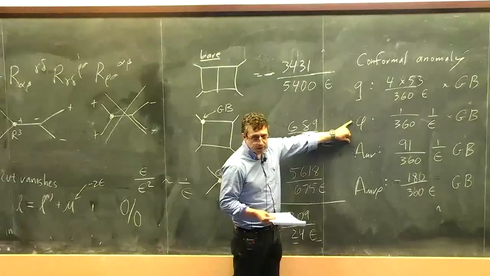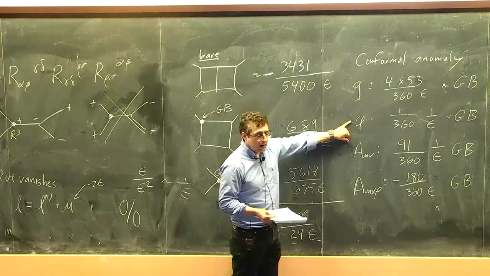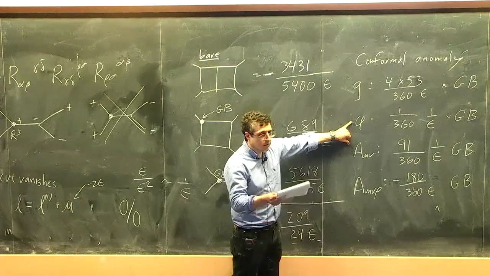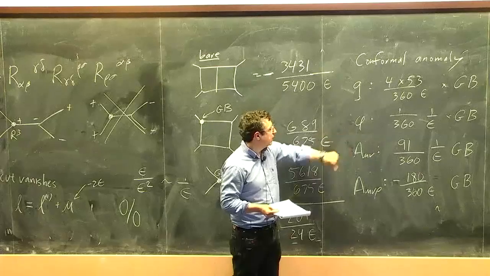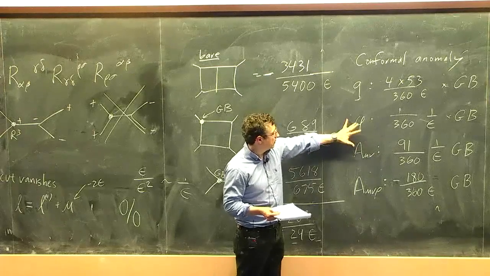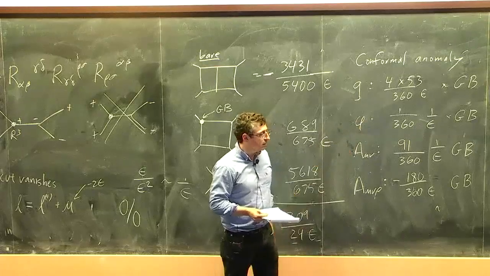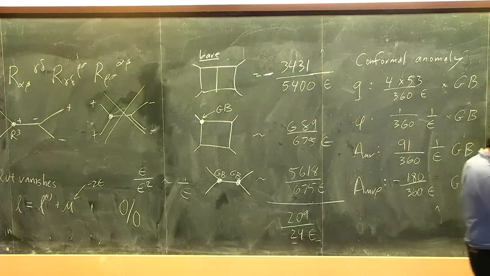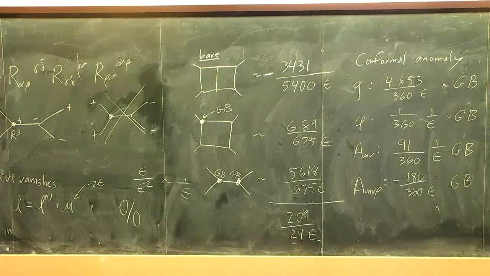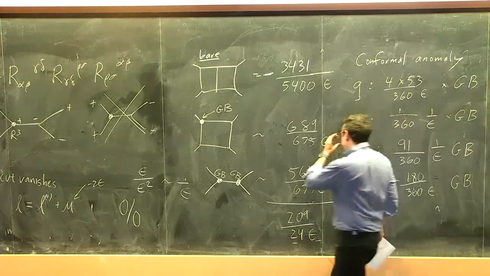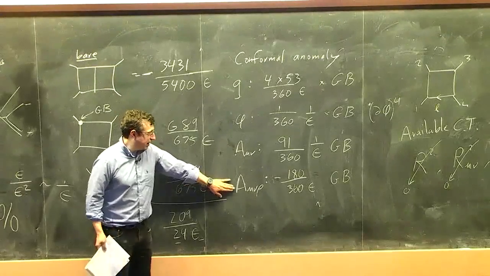At one loop, it doesn't make any difference, and that was shown by Peter van Nieuwenhuizen and other people. At one loop, there's no difference between these two, but at two loops, it definitely makes a difference. Now, what does this have to do with it? Okay, so immediately you get an idea about monkeying around with pure gravity, maybe with this.